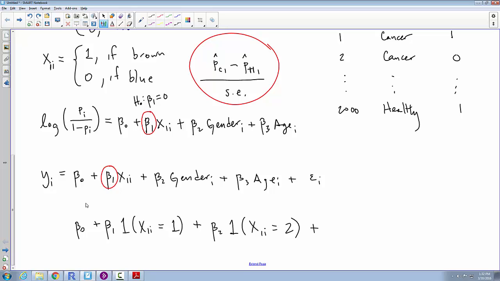What that means is that beta 0 is the response for x equals 0. Beta 1 is the mean change comparing x equal to 1 to x equal to 0. And beta 2 is the mean change comparing x equal to 2 to x equal to 0. So you've got everything covered in there, and you can get separate p-values and everything.